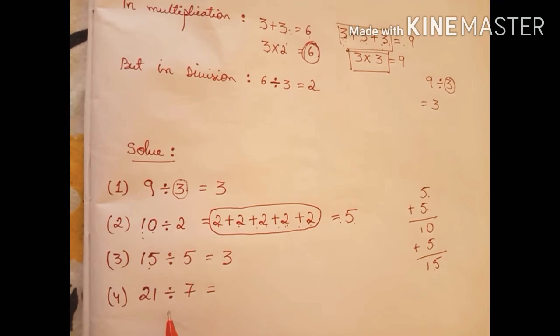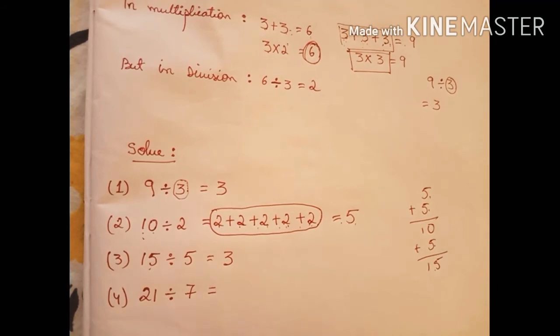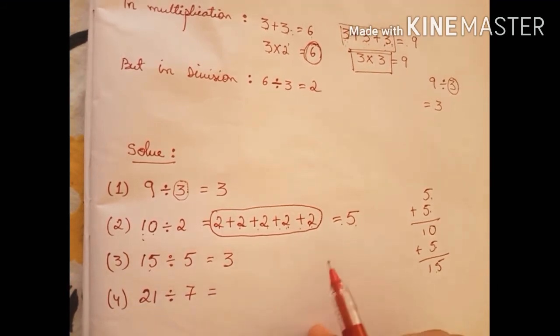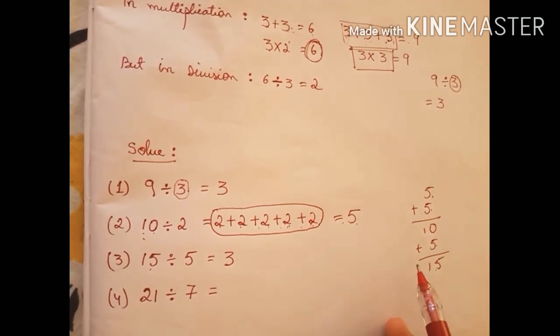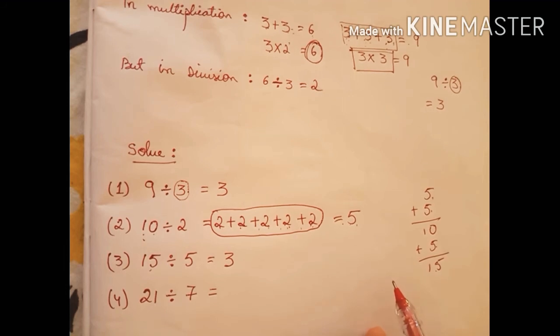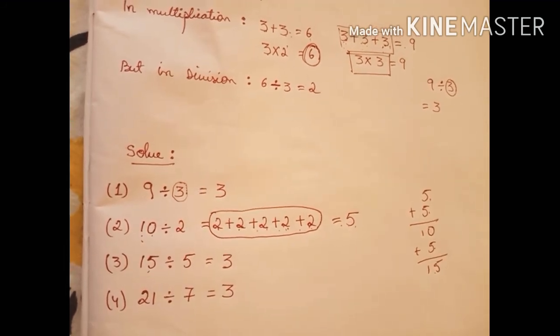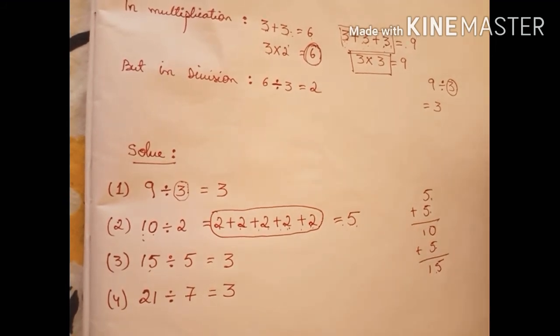And 21 divided by 7. How many times 7 will make 21? In multiplication, how much will make 21? 7 into 1 is 7. 7 into 2 is 14. 7 into 3 is 21. So the answer is 3. See, the benefit of studying the multiplication table is that you can solve any kind of multiplication question.